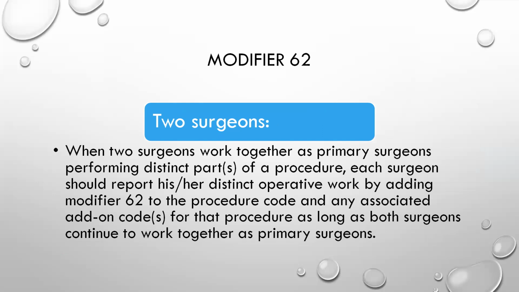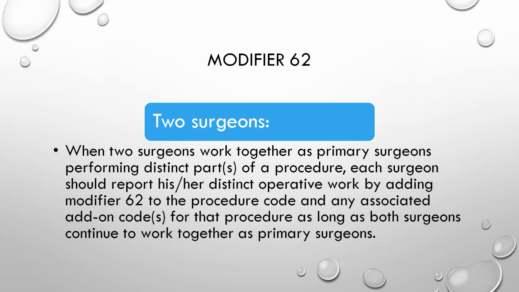So next we have modifier 62. A lot of times you see this modifier used on major procedures. There are certain procedures where it requires two physicians from two different specialties to come together for one procedure.